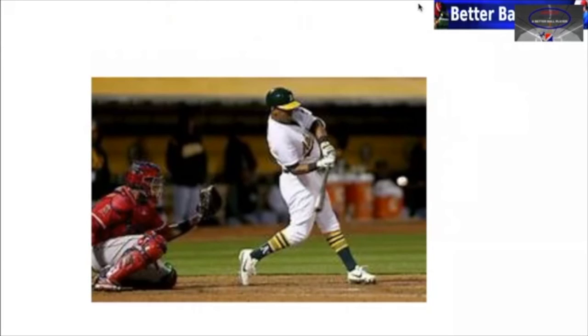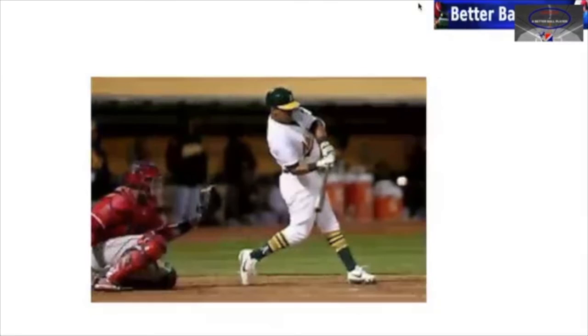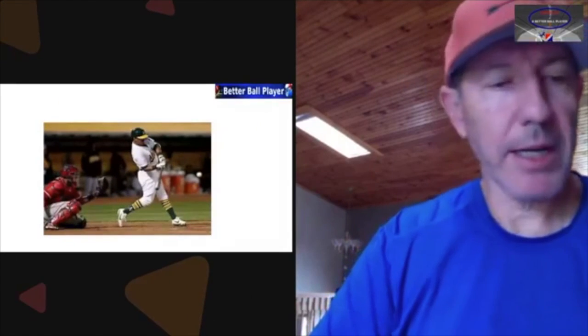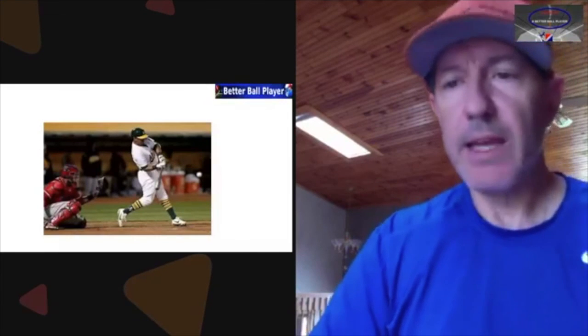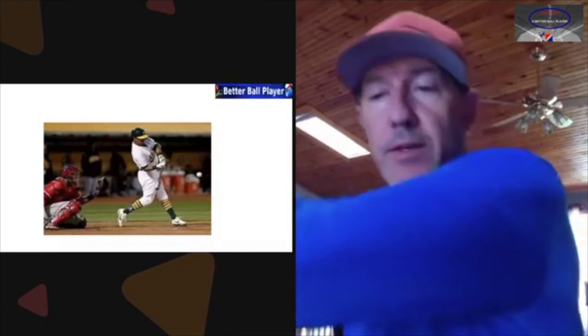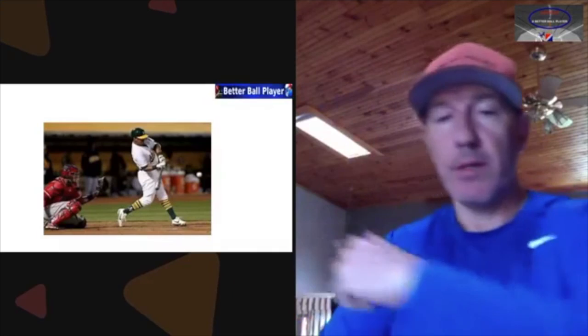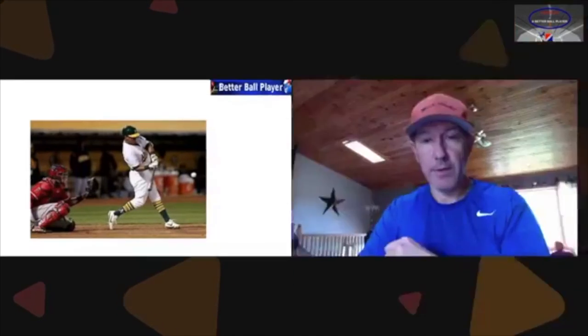Every time that we kink it, so I take this lead arm, I'm going to go full here if I can, and we take this lead arm and we start to pull it in. Well, we're kinking our swing at that moment.